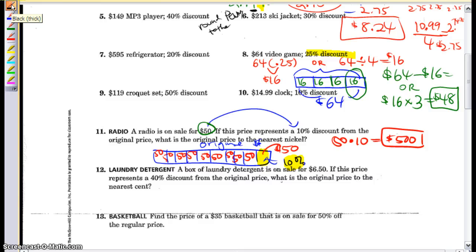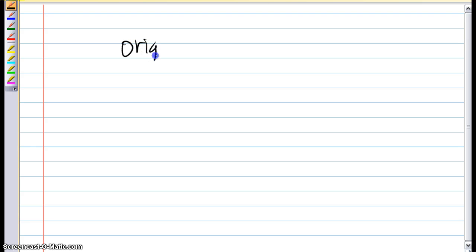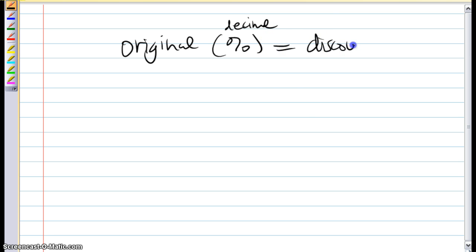Now let's say I didn't have the bar and I wanted to write an equation. Well, the original price of the item, if I take that and multiply by the percent as a decimal, then I will get the discount price.